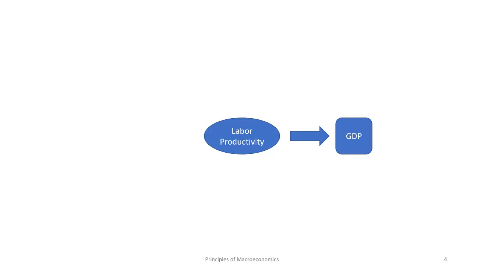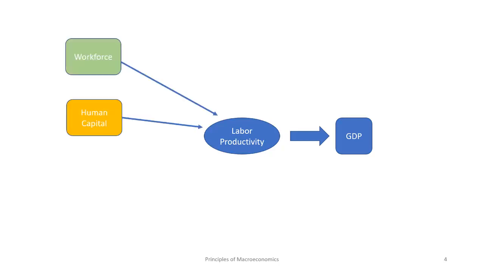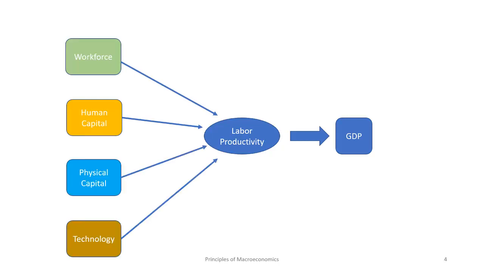Now, the question is, what are the factors that determine labor productivity, or why do American workers have higher labor productivity than workers in India? There are a multitude of factors, and some of the factors are workforce, human capital, physical capital, and technology. And I'll go into each of these one by one.